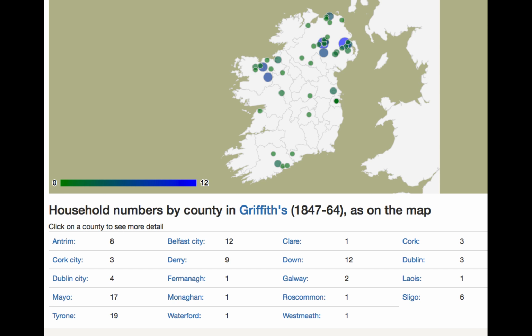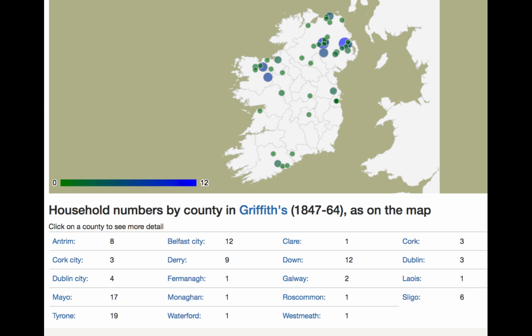And then the table at the bottom, of course, is county by county, how many instances they found in Griffiths of that surname in that particular county. So in County Cork, there were 3. In County Sligo, there were 6 with that surname in Griffiths Valuation. So really useful tools in terms of doing this type of surname research.